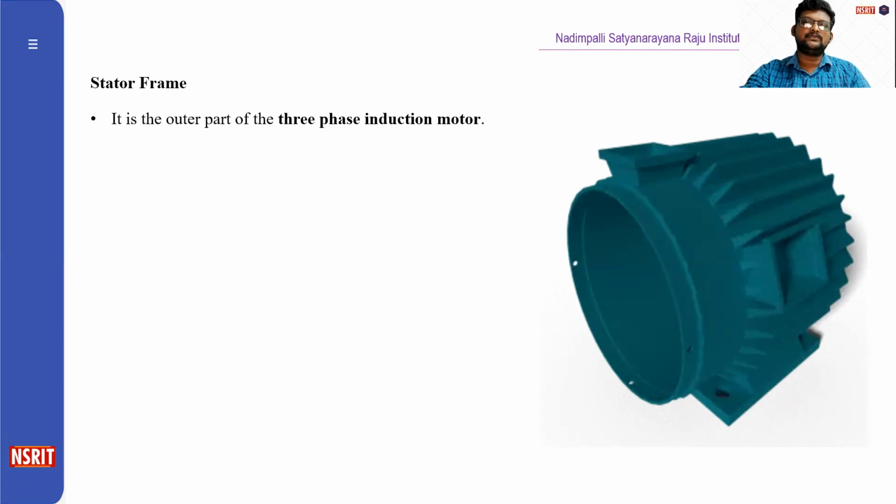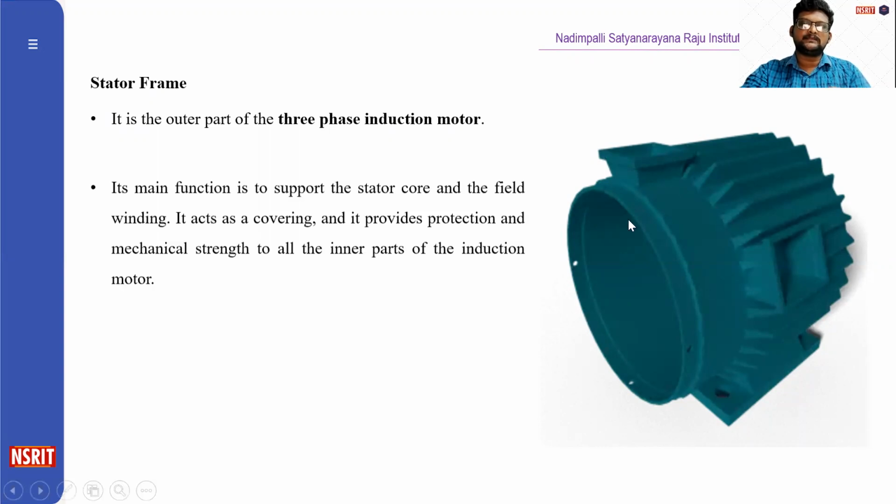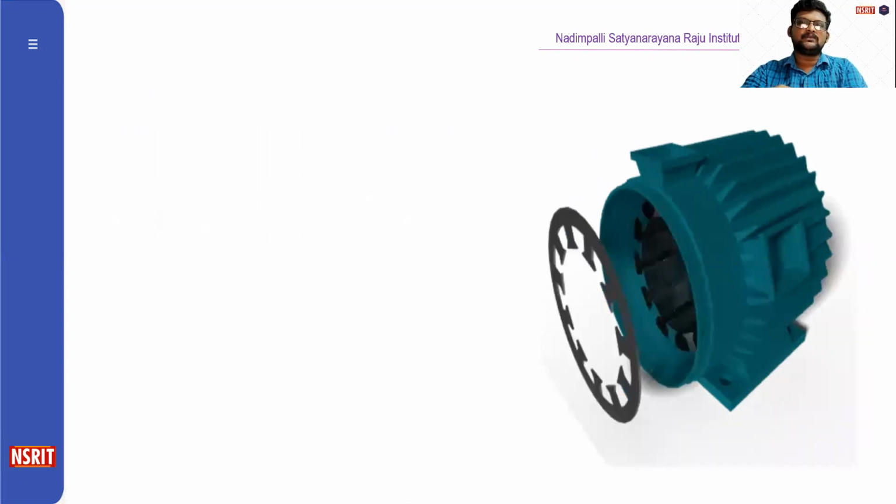Next we come to the stator core. This is the pictorial representation of the stator core. The main function of the stator core is to carry the alternating flux, which is generated by the stator winding. In order to reduce the eddy current loss, the stator core is laminated.